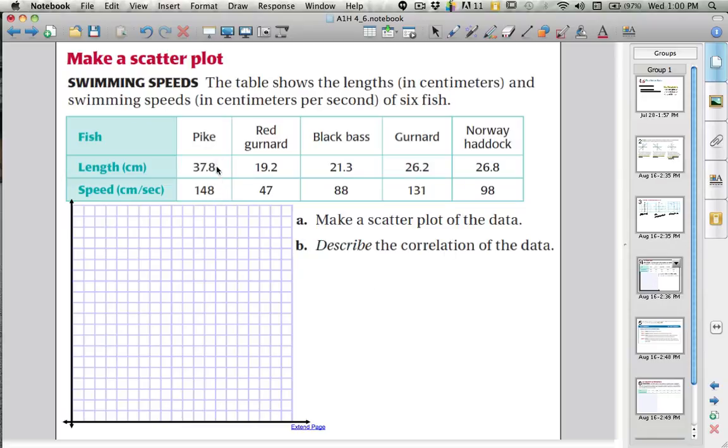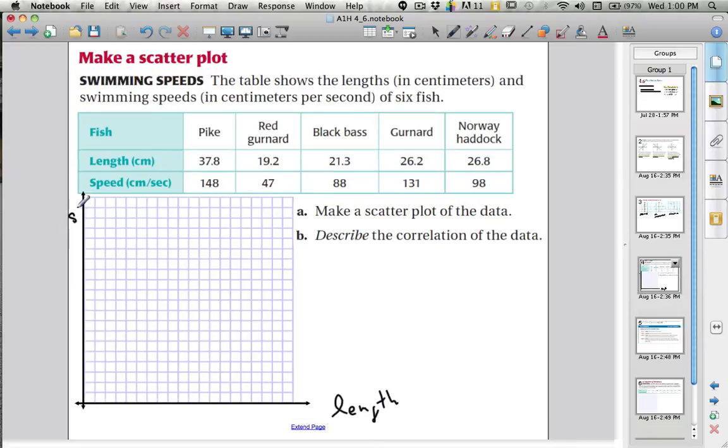And we're looking at fish length and fish speed, length in centimeters and speed. So as I start labeling length and speed. Okay, so when we start looking at what my length is going to be?